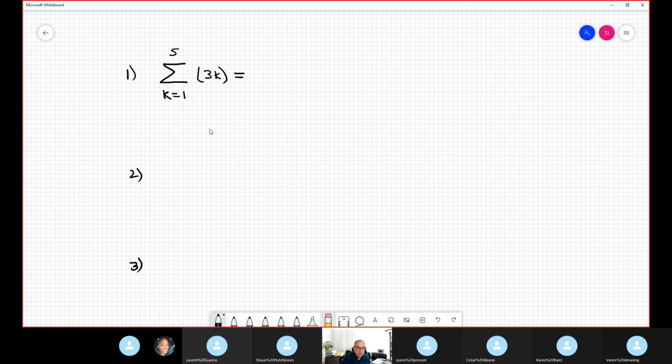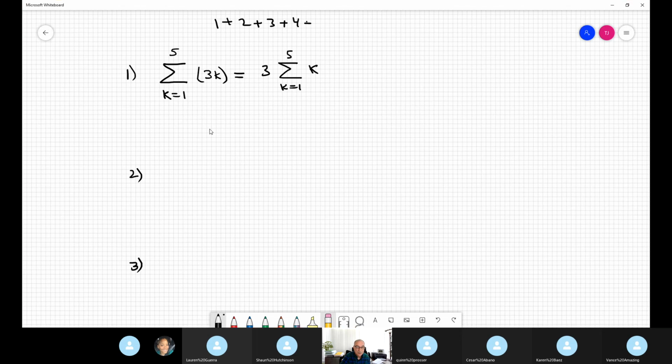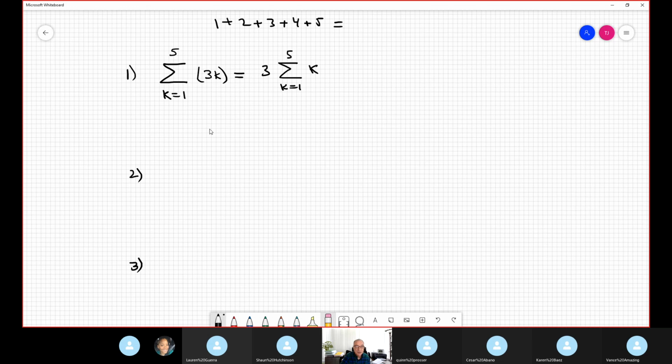The property allows me to put this 3 outside, because it's a common factor. And this is basically the sum of the first 5 natural numbers: 1 plus 2 plus 3 plus 4 plus 5, which is 15. But no, I don't want to do it this way.